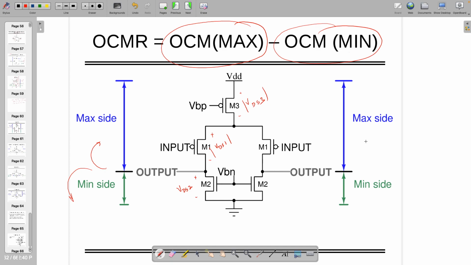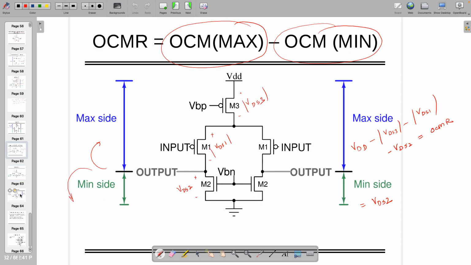So you can find out the max side is nothing but VDD minus VDS3 minus VDS1, right? Same way we can find out the min side is nothing but VDS2, right? And subtracting this becomes OCMR, the output common mode range.